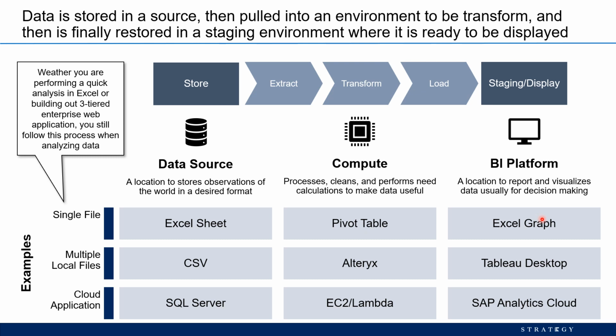So the Excel graph references the pivot table, and then the pivot table references the Excel sheet. That way, if I update something on the Excel sheet, it will automatically update on the pivot table and thus update on the Excel graph. That is a very common process that a lot of people, or even almost anyone in business analytics, has done at some point.